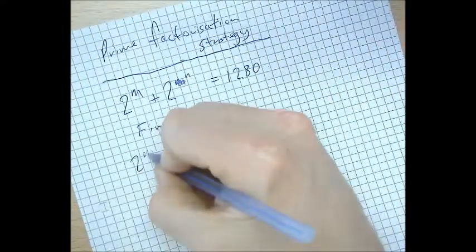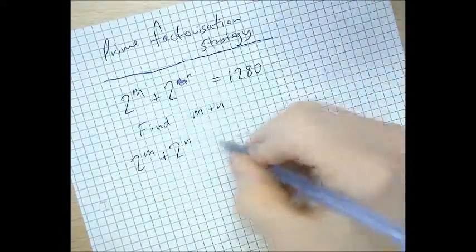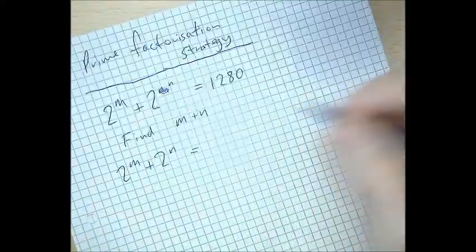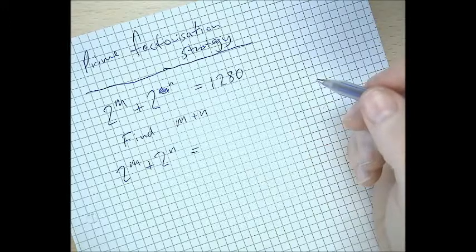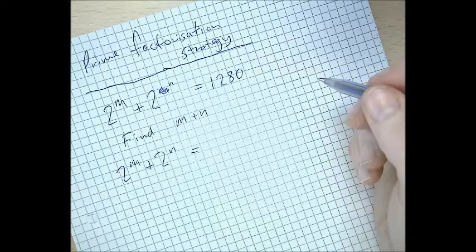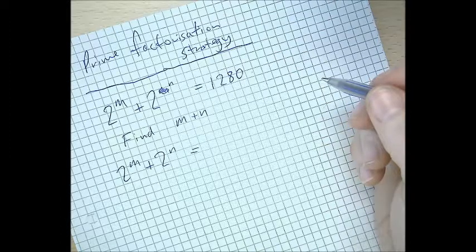So let's prime factorise 1280, which is brilliant whenever the numbers are big. What is that? That's 2 times 640. Is that right? Yep.